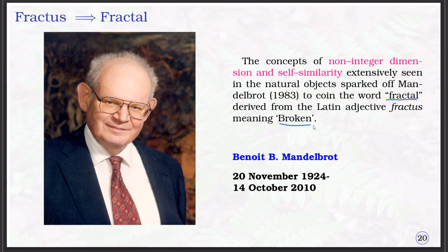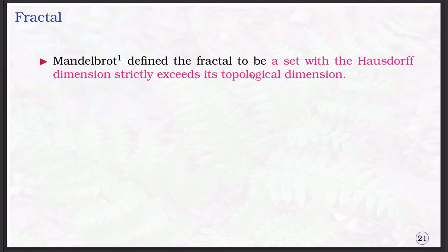But he observed these two specific properties: non-integer dimension, whereas we may come across the integer dimension well known to everyone, and the self-similar property. So, based on these two properties, Mandelbrot defined fractal as follows.